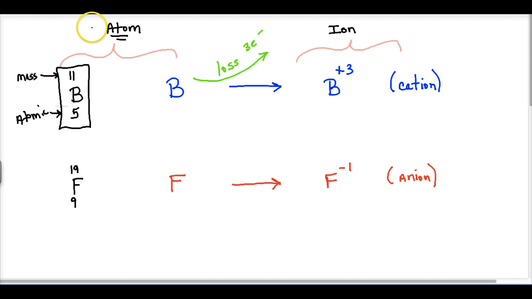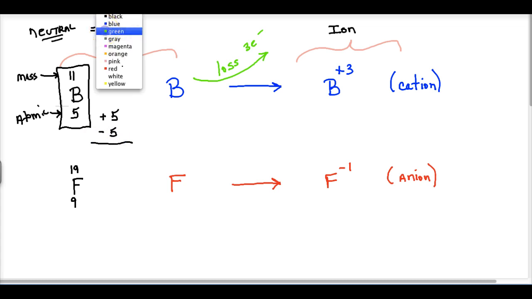And as I tell my students, you say atom, I say neutral. Atom, neutral. Atom, neutral. Now, if it's neutral, it's because of the protons, and there's 5 of them, so +5 in the nucleus, which we call the nuclear charge. -5 has to be outside the nucleus, which of course is done by the electrons. 5 of them is needed to give you an overall charge of 0, which is neutral.